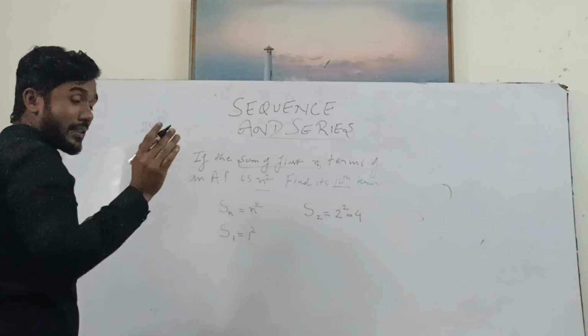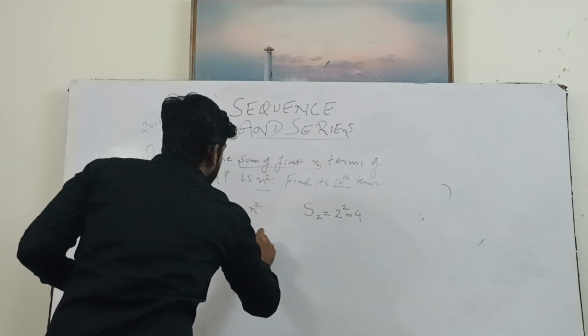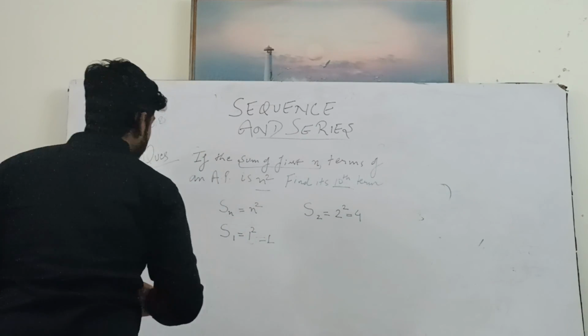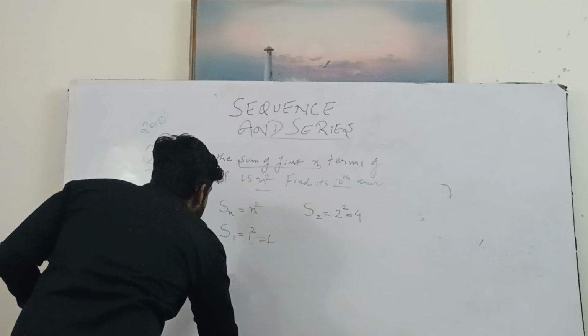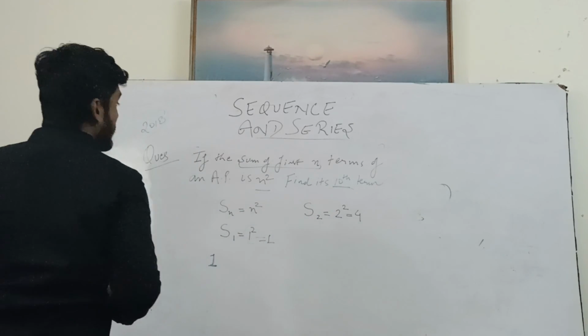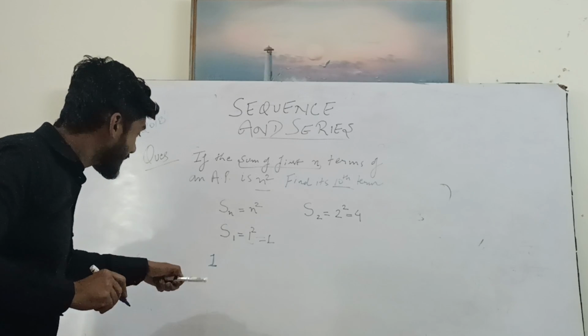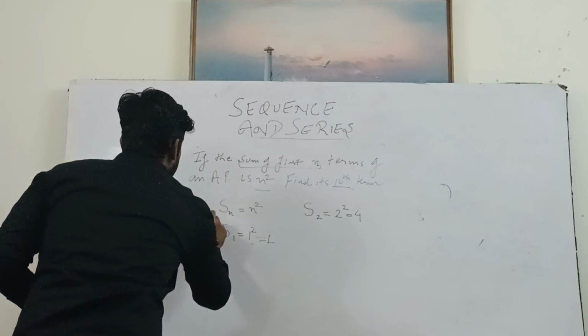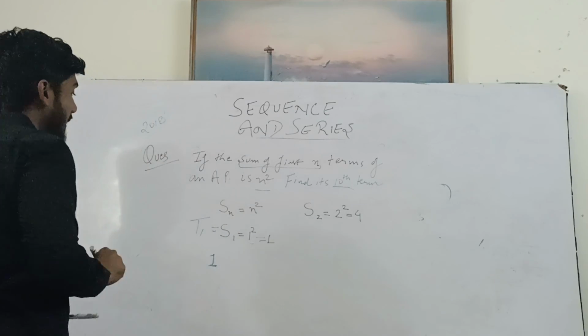So if the sum of first term is 1 square, which is equal to 1 actually, so what is the first term? You are saying the sum of this term is 1, so obviously this is the first term. T1 is equal to S1, we can say that.